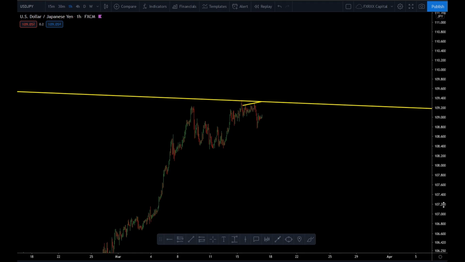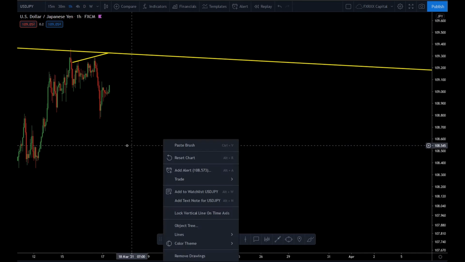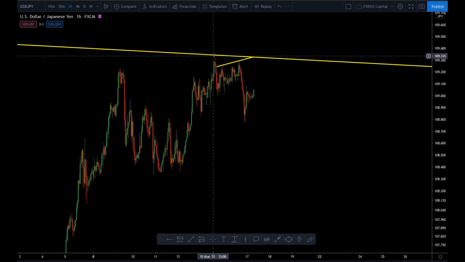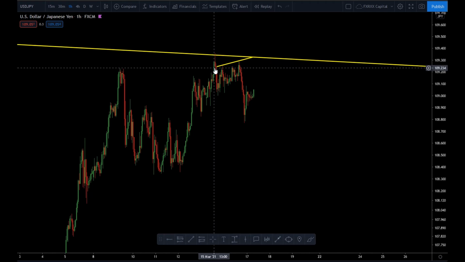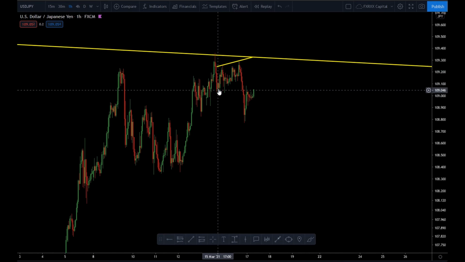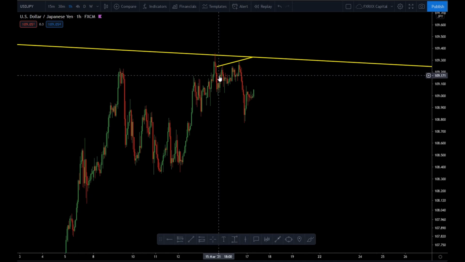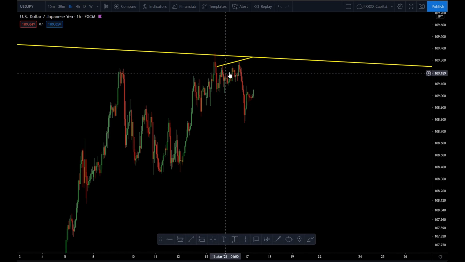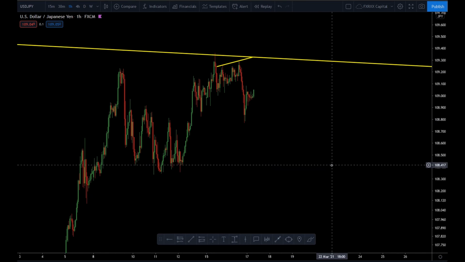In this moment, if you were able to sell from exactly this point after the 1 hour candle closed, you're able to move to the downside. If you moved to break even, you'd be tapped out at break even. If you did not move to break even and decided to be less aggressive with the stop loss trail movement, you're still in the position, however price impulsed to this area.